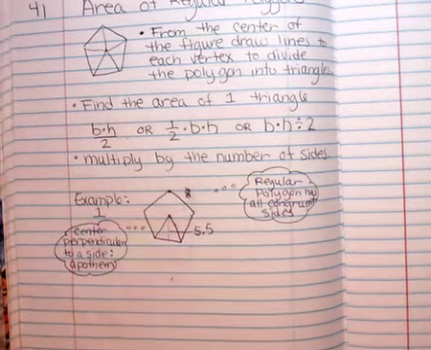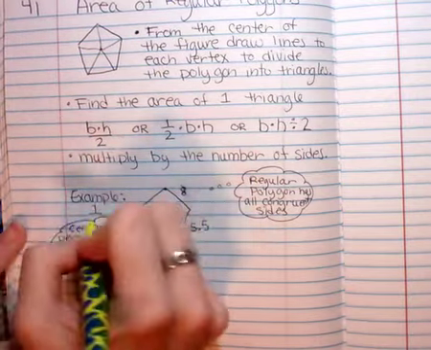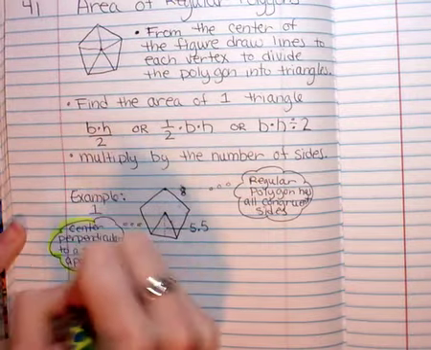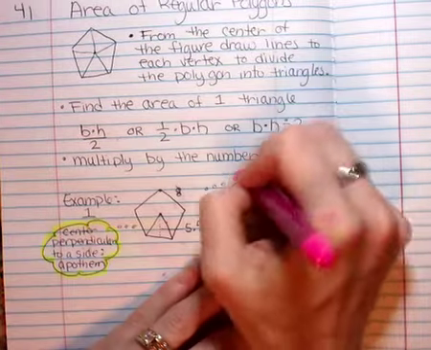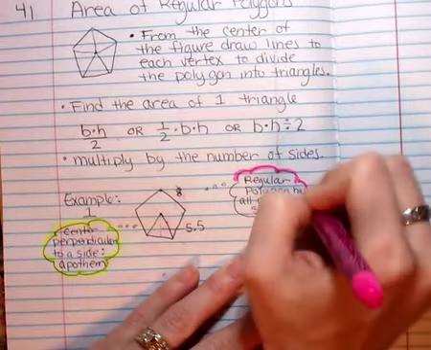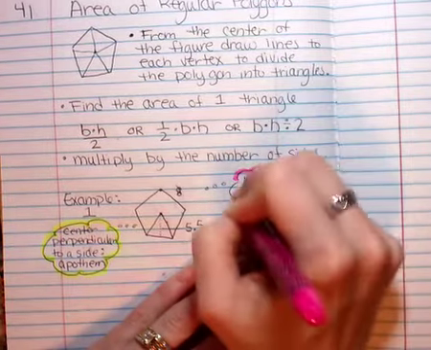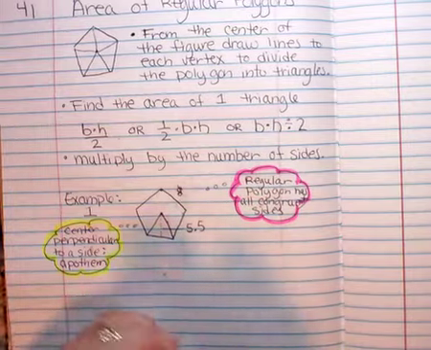Both of those are pretty important pieces of information, so I'm going to go ahead and outline my thought bubbles so I can find that information quickly when I need it. And if I don't remember, it's a good way to say, aha, that was important information. I need to go back and remember that.